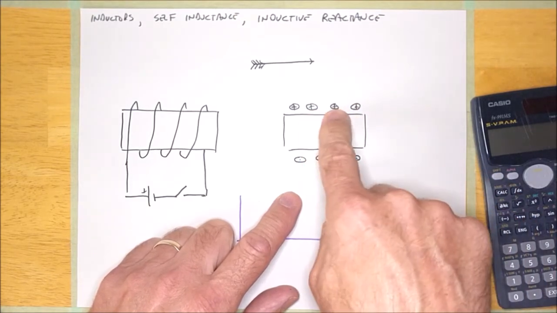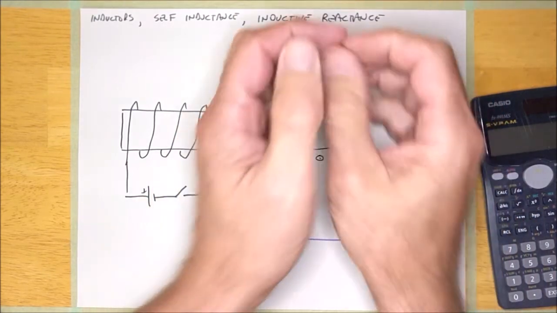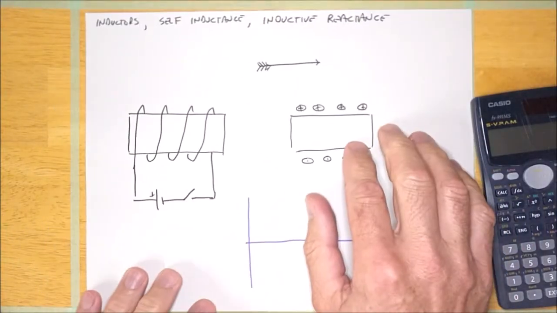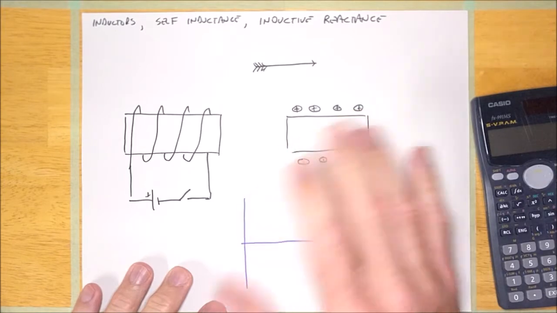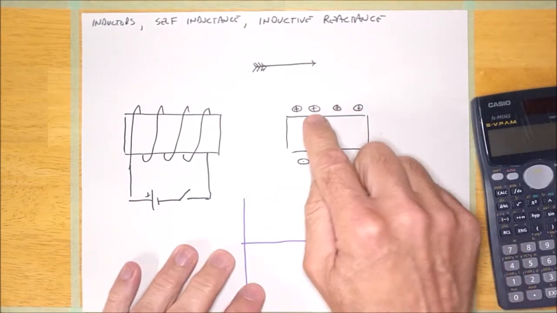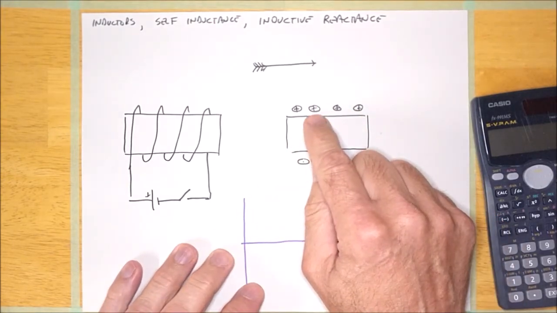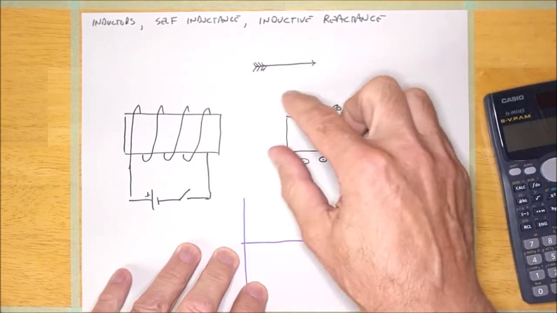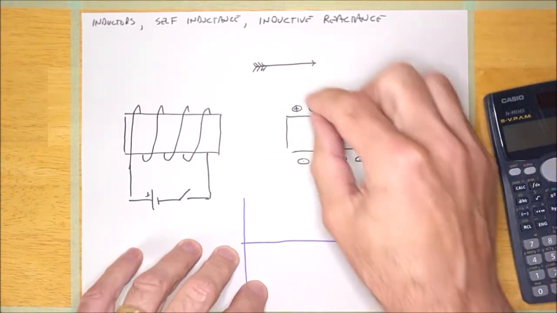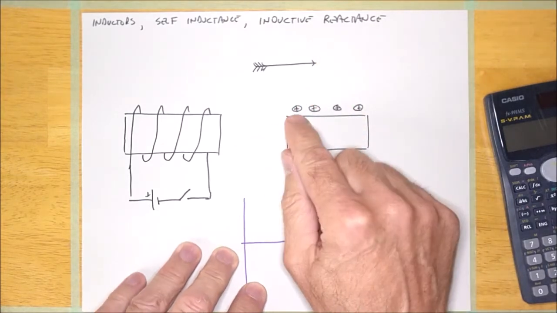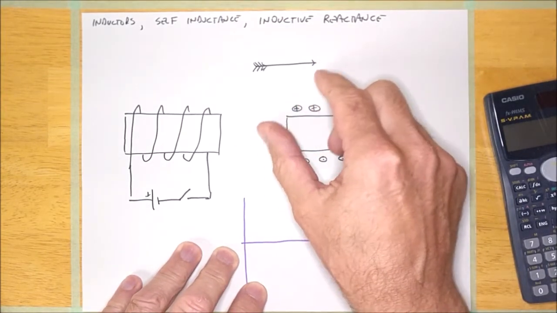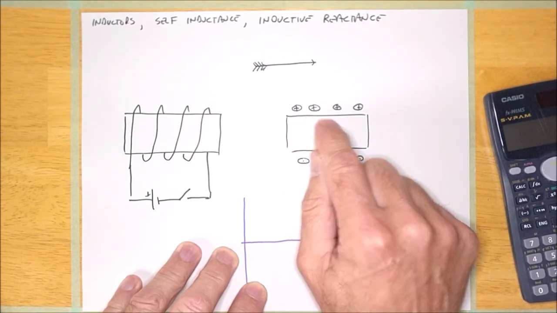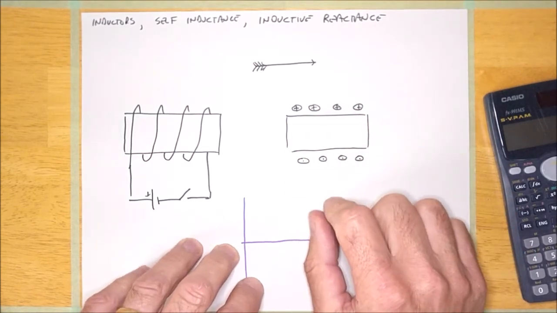Anytime you have a conductor moving through a magnetic field, you will have a voltage induced into that conductor. Even though nothing is physically moving here, the magnetic field from one conductor is blowing out and therefore moving, relatively speaking, past the adjacent conductors.